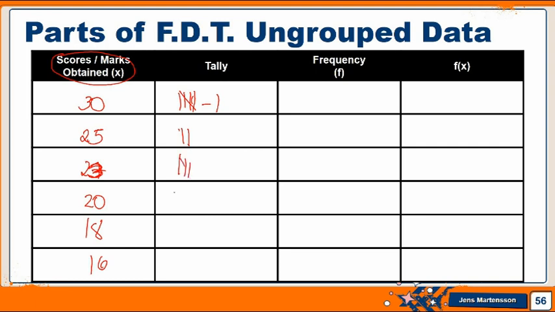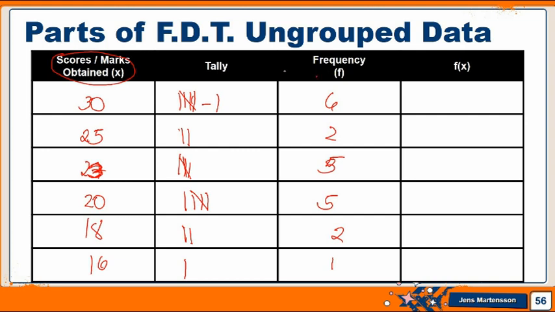Ilan yung naka-23? Ilan yung naka-20? Ilan ang naka-18? At ilan ang naka-16? Sa frequency, from tally, bibilangin mo lang yan: 6, 2, 5, 5, 2, and 1.